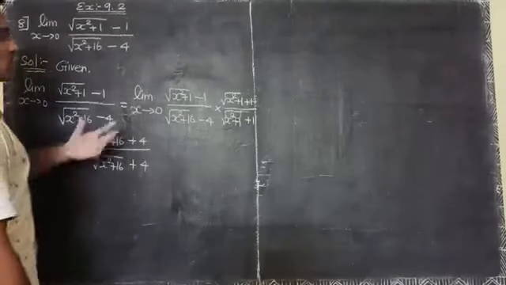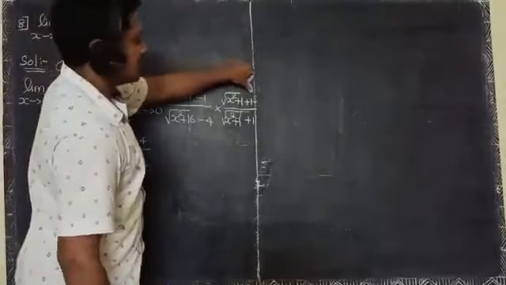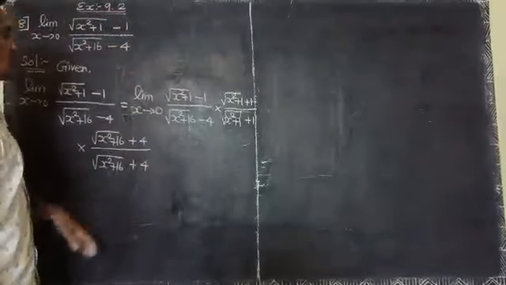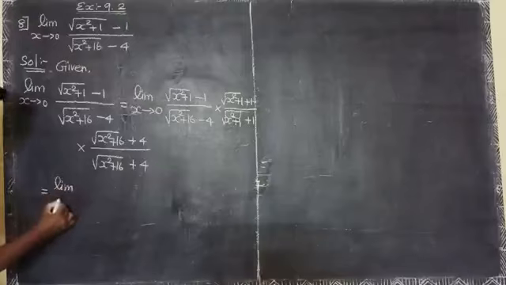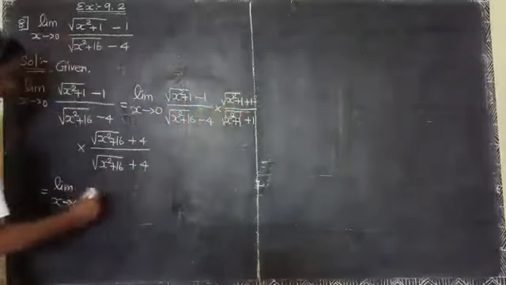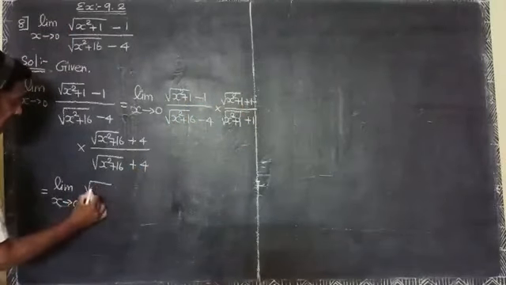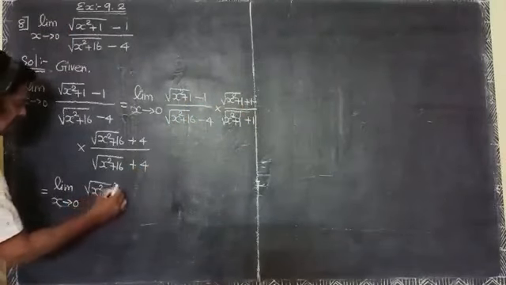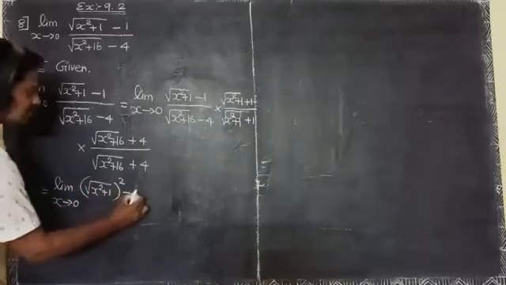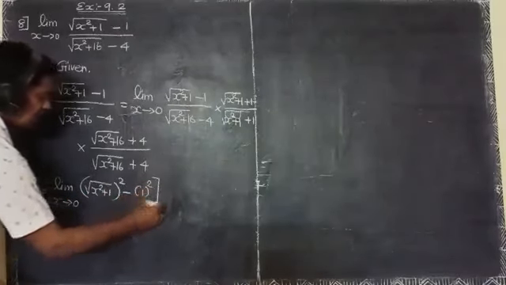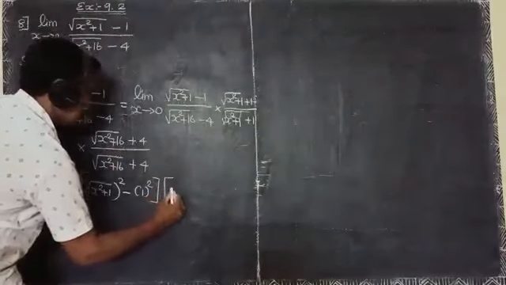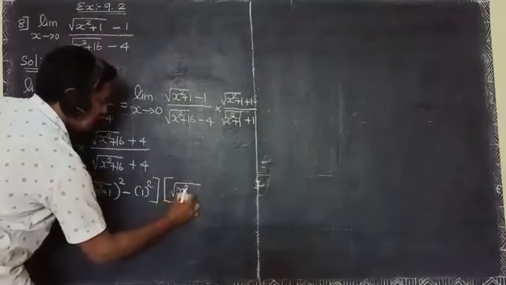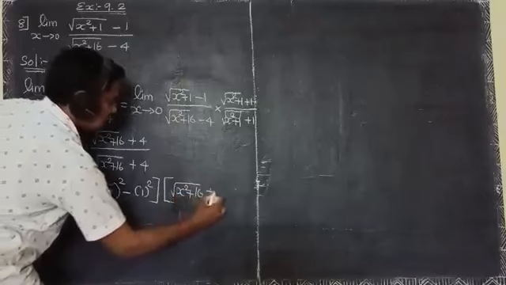Okay, and the numerator (a minus b) into (a plus b) can be written as a² minus b². That is limit x approaches 0, (a minus b) into (a plus b), that is a² minus b². Multiply by another factor, that is square root of x² + 16 plus 4.